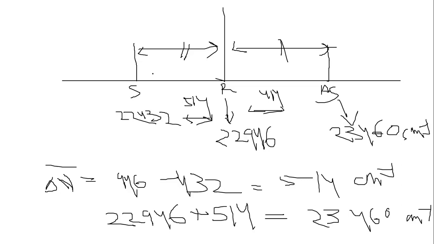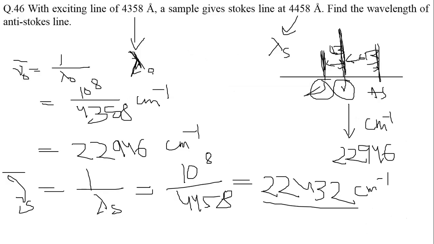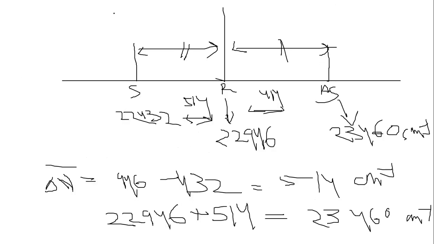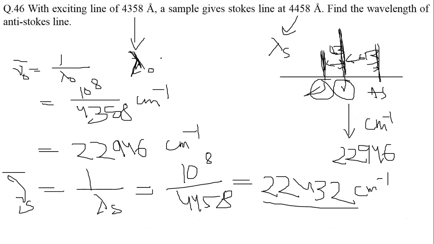So first it was given in terms of wavelength, but here the wave number separations are equal, so we need to convert from wavelength to wave number unit. When we convert, we found the position of the Rayleigh line is 22946 centimeter inverse, and the position of the Stokes line is 22432 centimeter inverse.